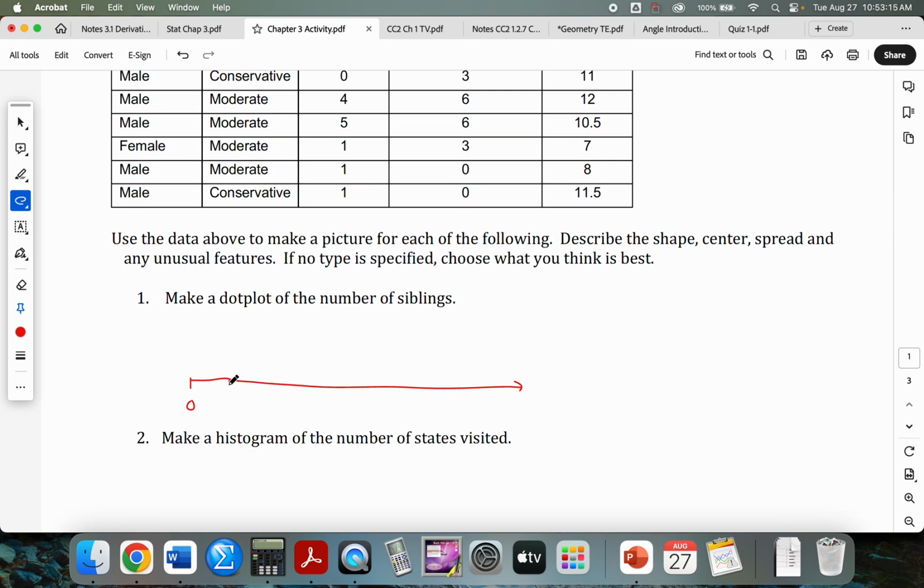So 0, 1, 2, 3, 4, 5. A dot plot is kind of like a histogram in terms of giving you some sizes. It works really well if your data is only whole numbers.